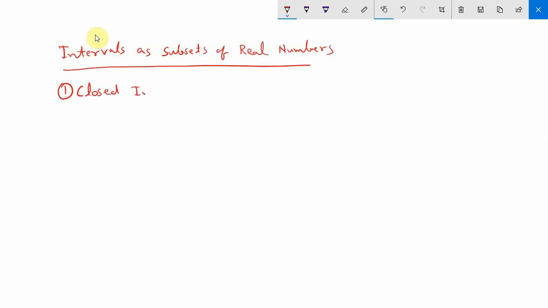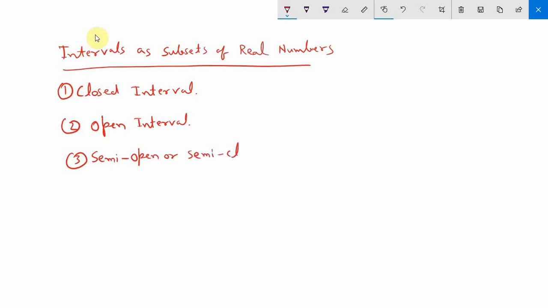Second type is open interval. Third type is semi-open or semi-closed interval. Okay, so we will discuss these types of intervals one by one.